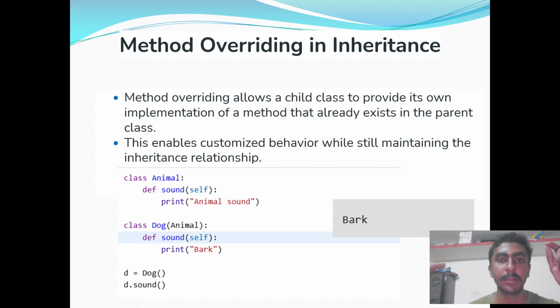Method overriding allows a class to provide its own implementation of a method that already exists in the parent class. So this enables customized behaviors while still maintaining the inheritance relationship. So here is an example. If there is an animal, it makes a sound.